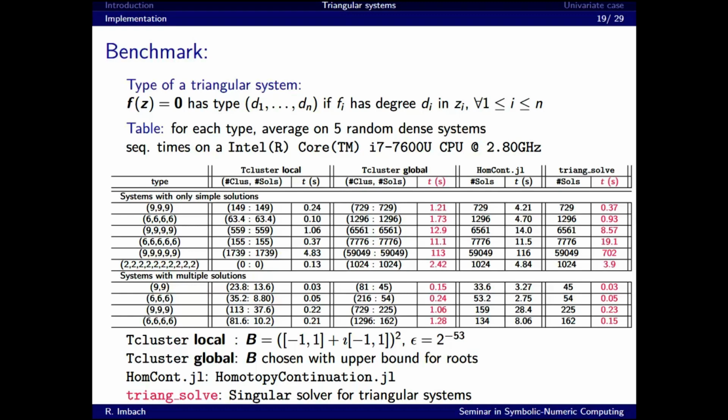Is it better to have them grouped in clusters? It's different, because somehow this is more general: we are robust to multiplicities and we can accept polynomials that are not known exactly. But there are things that we cannot do, for instance deciding realness of a solution or separating the solutions.